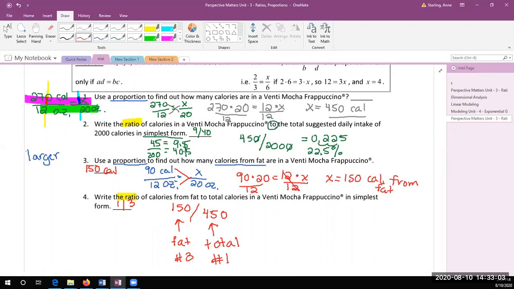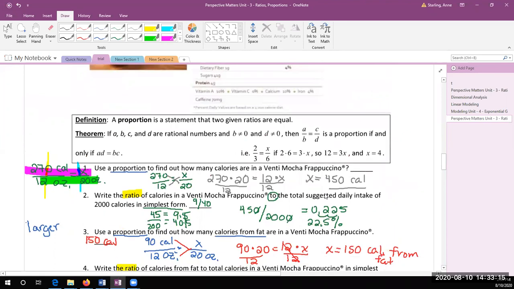Now I will say for 1 and 3, if you did the proportion a little differently, but you still ended up with the 270 times 20 divided by 12, that's fine.